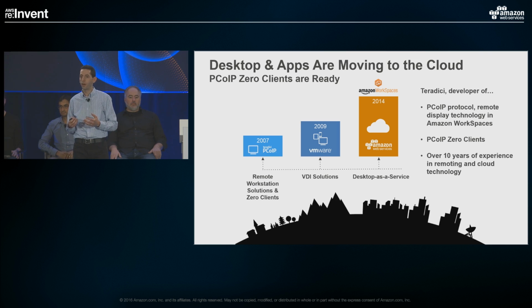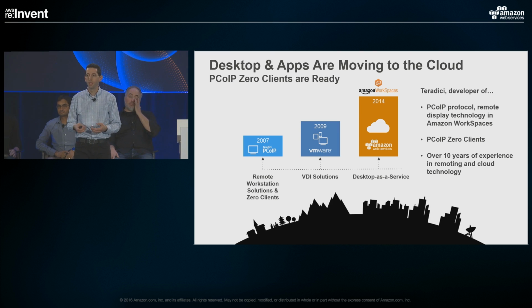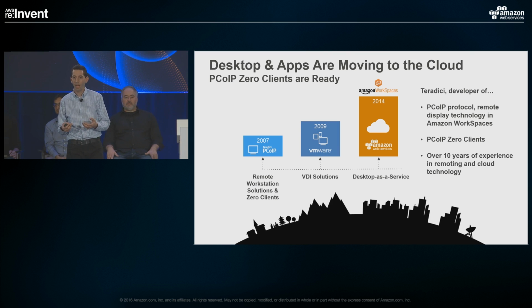A couple of years later, we introduced a VDI solution in Horizon, an on-premises solution that is used widely today. And then in 2014, we partnered with AWS to deliver a managed service solution, delivering your desktops and your apps from the cloud.